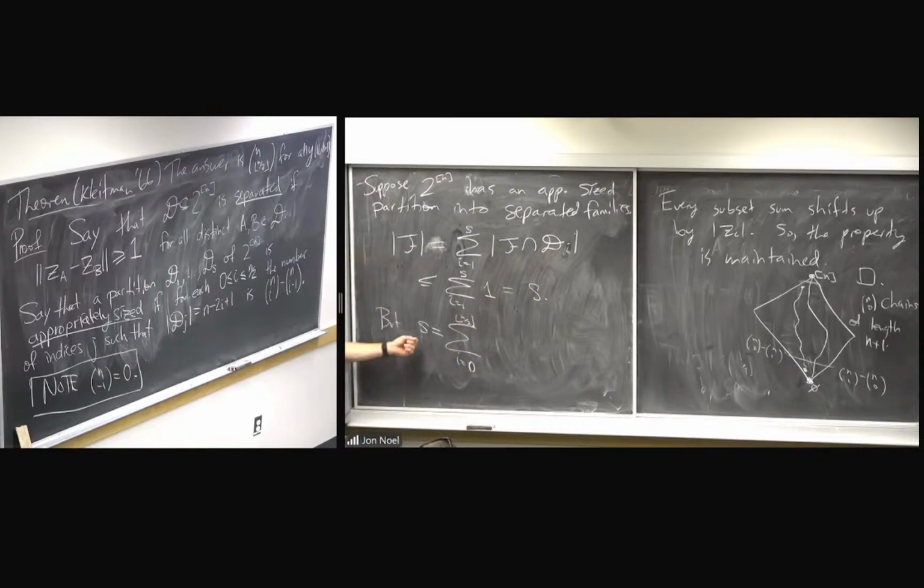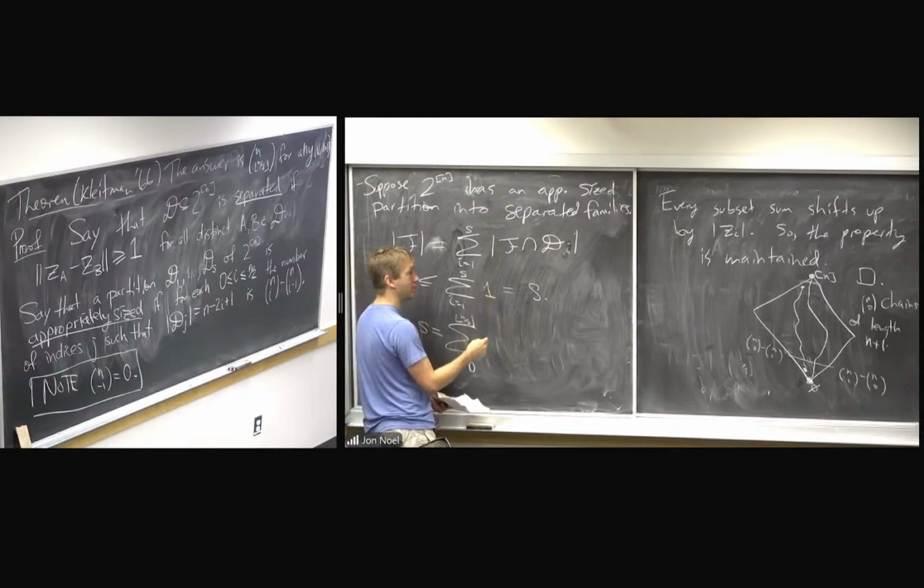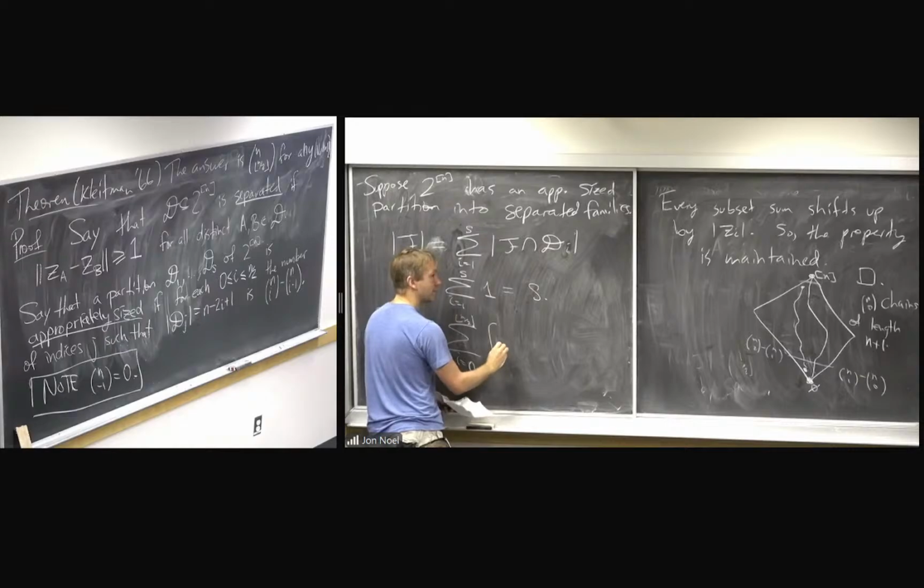So now I need to compute how many families there would be if I had an appropriately sized partition. Well, for each i I can compute the number of families of size n minus 2i plus 1.